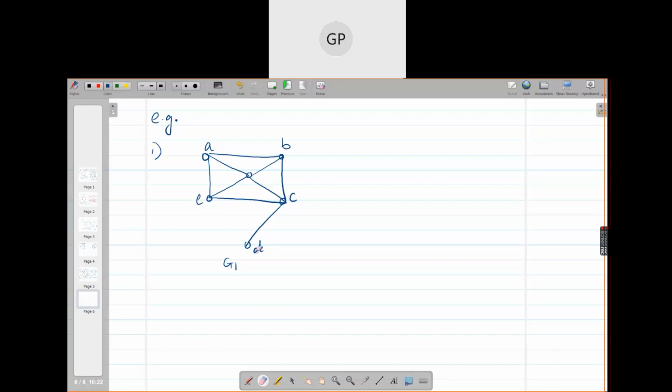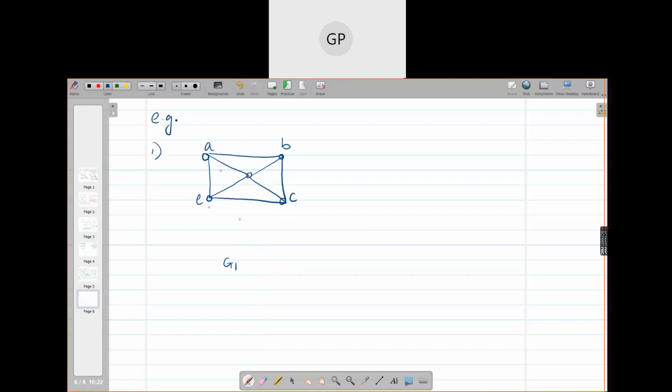Now, what is the difference between edge deletion and vertex deletion? If we delete a vertex, edges get deleted automatically. Correct. If we delete any particular vertex, all edges incident on it will automatically get deleted. So if I delete the vertex D, D is a pendant vertex, so this edge automatically gets deleted.